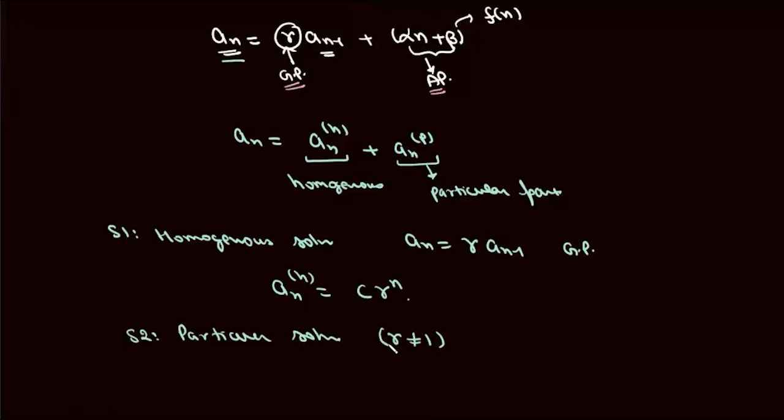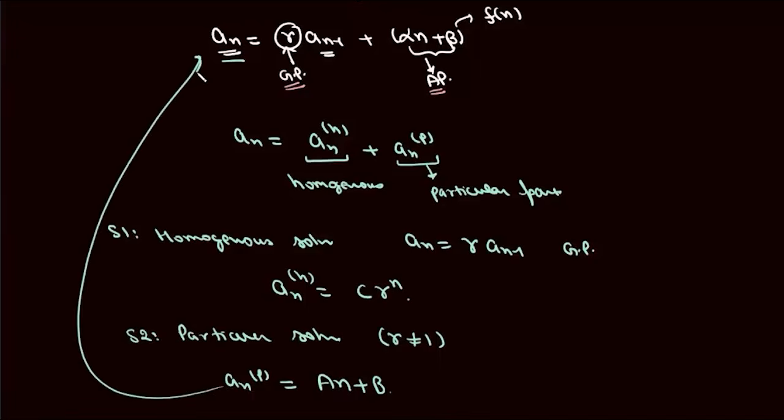So in step 2, we'll find this particular solution, and basically we'll assume r is unequal to 1. Since this case is linear, we'll assume that this particular solution, this an p, will also be linear. So suppose it is some an plus b. Now we'll substitute this solution in this equation.